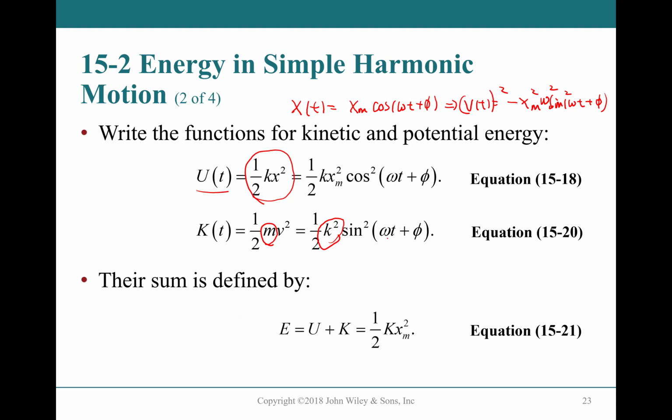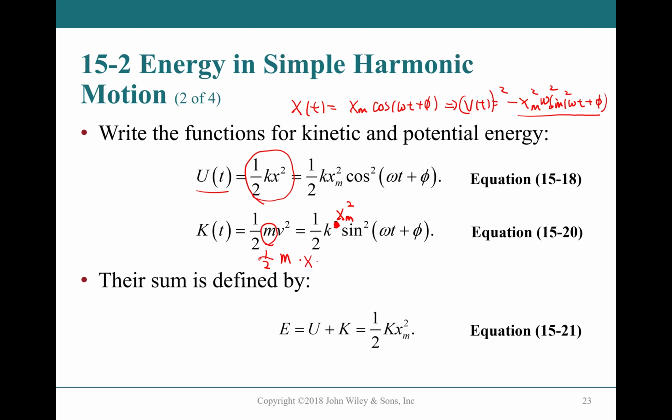And then we can do the summation of these two. There is something missing here, sorry. It's k and then xm squared. What you have, I'm going to write it for you, is 1/2 m, and then this whole thing squared, which is negative squared becomes positive.